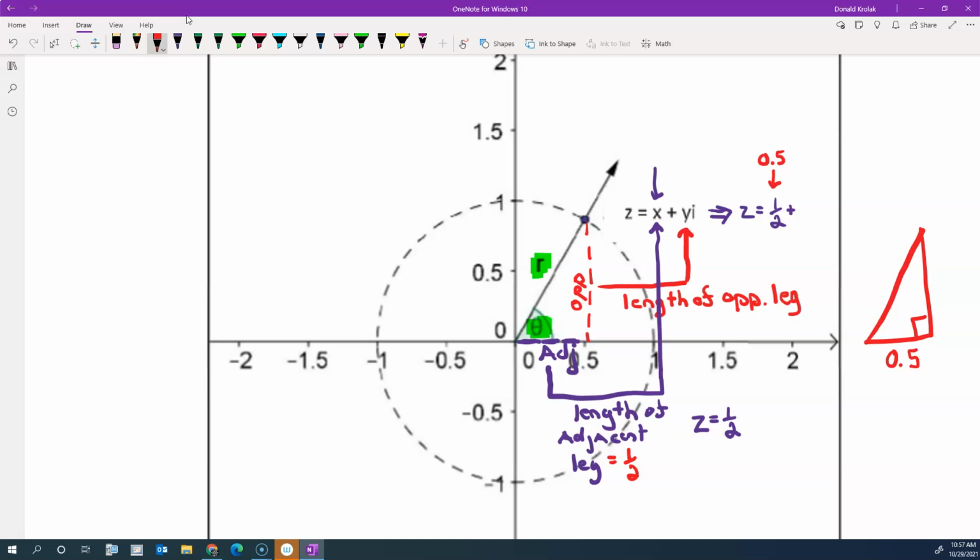There's R, and the radius of this circle, so that's 1. This is 1/2. What's the length of the opposite leg? This is the adjacent leg, and it's 1/2. Right? How would we figure out what this is?